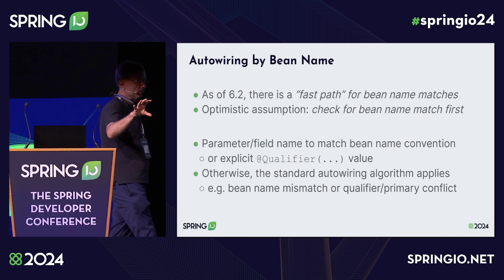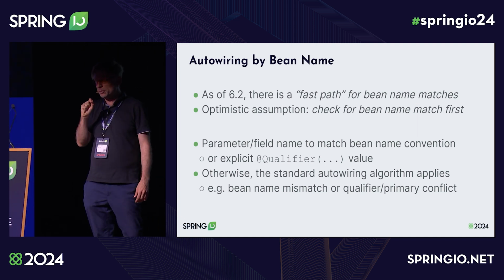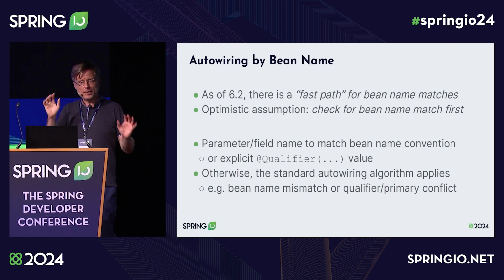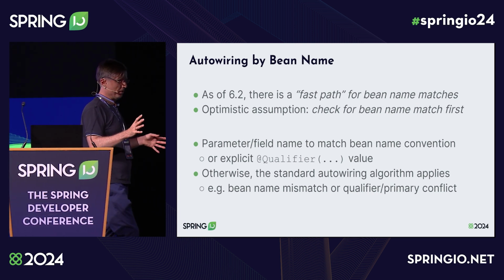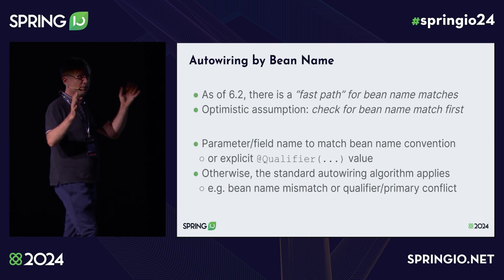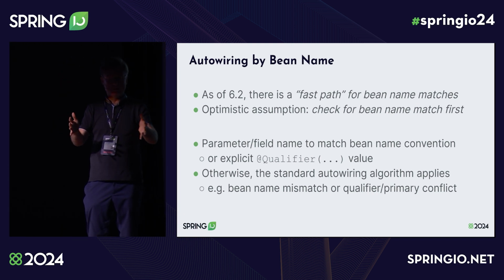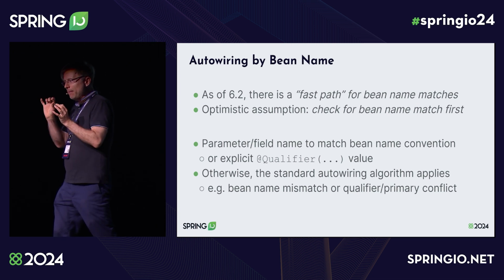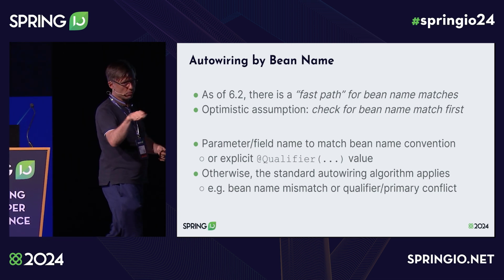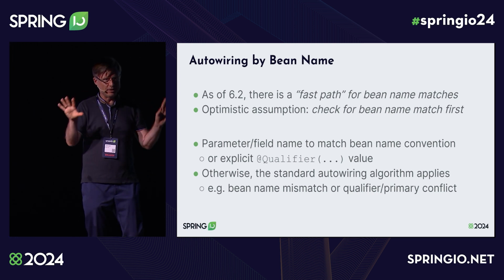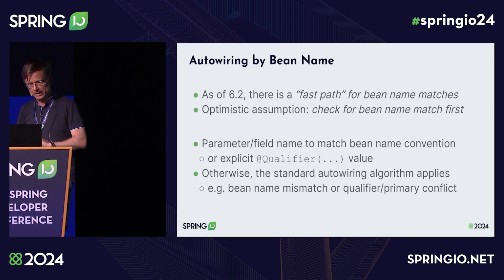So in 6.2, we basically have the same algorithm in place, only revisited in very specific nuances internally, but it's basically the same algorithm, the same 4 steps. But there's a fast path now. We basically say, if you have a constructor parameter or a factory method parameter, and it happens to have a well-defined name, so please compile your code with -parameters. You basically know that story in Spring already, that we rely on parameter names in quite a few places.